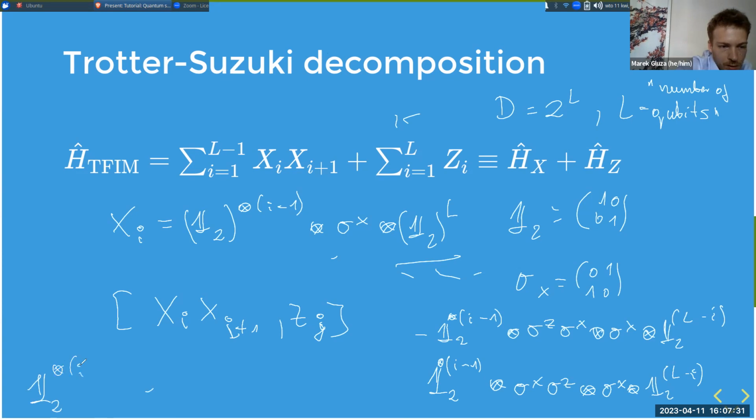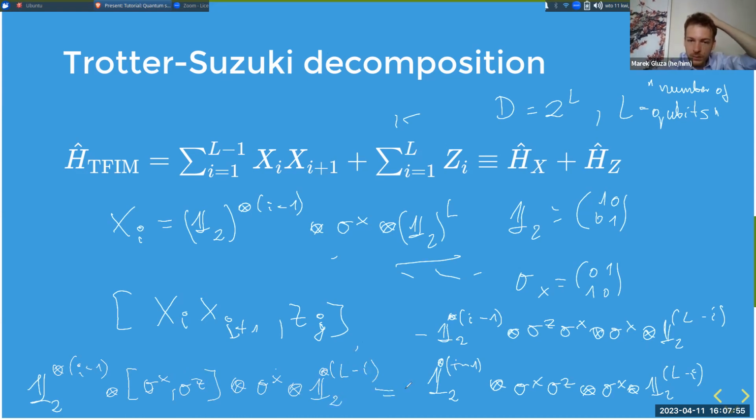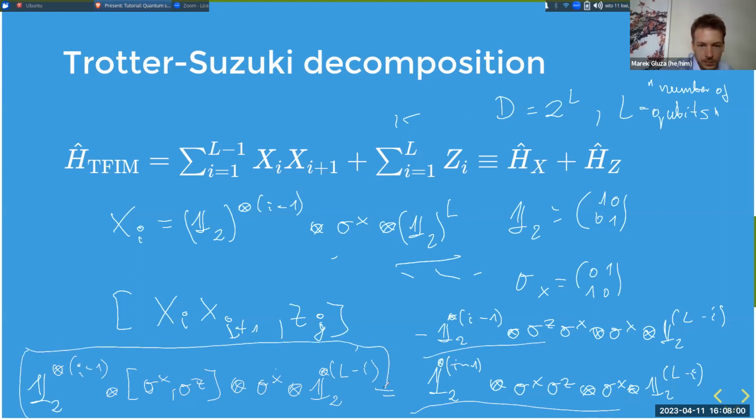So I minus 1, and then tensor the commutator of sigma x comma sigma z, tensor sigma x, tensor the product of identities. So this operator minus that operator is a single operator where we have a modified operator. Here we have just multiplications and here summations.